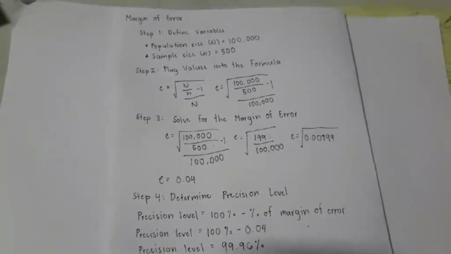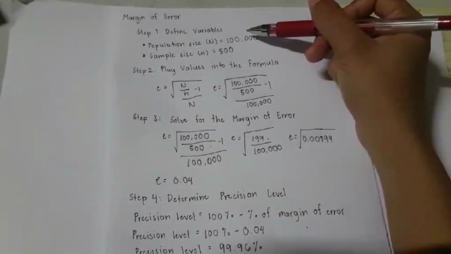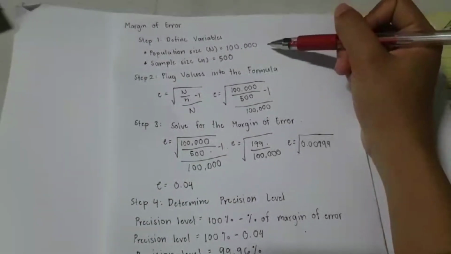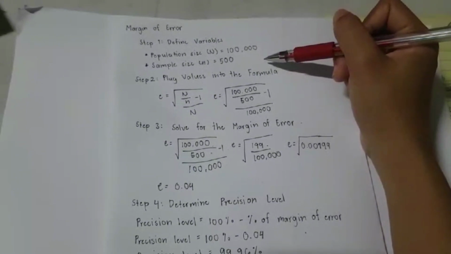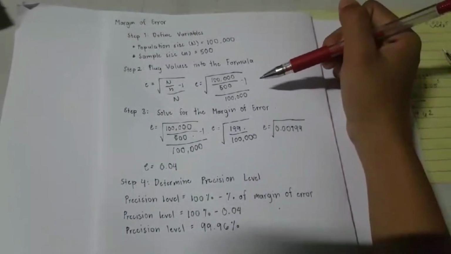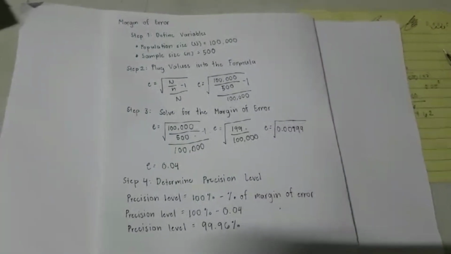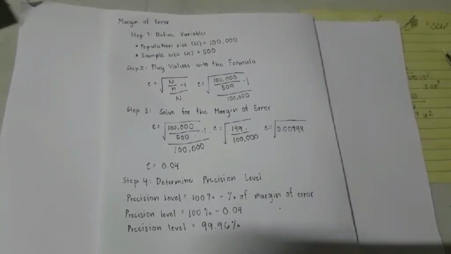Step 1. We need to define the variables. Our variables are population size is 100,000 and the sample size is 500. Step 2. Plug values into the formula. Now plug these values into the formula to calculate the margin of error.